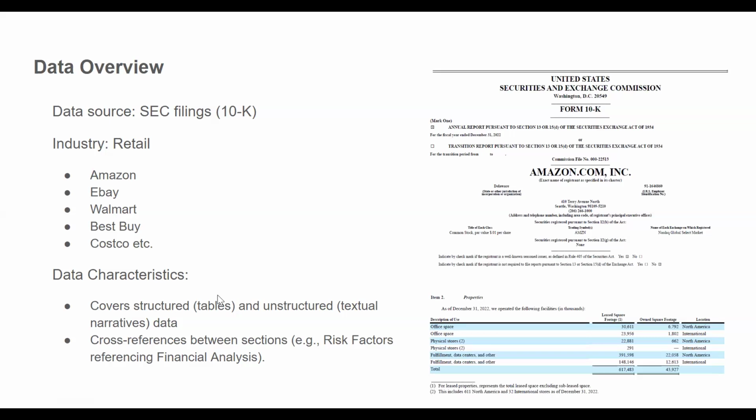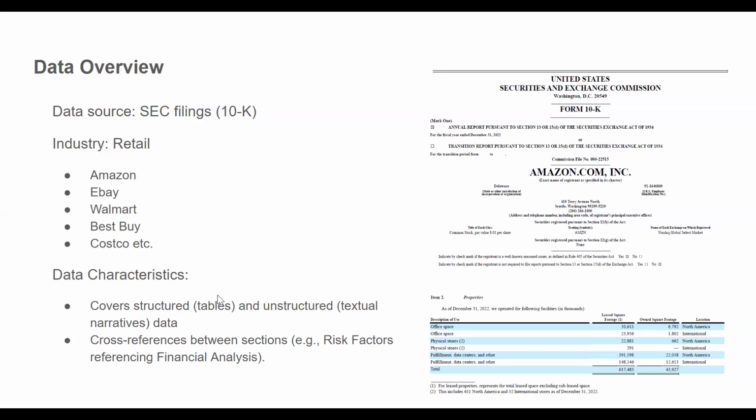So for this project, we will focus on the retail sector, including major retail companies such as Amazon, Walmart, Target, eBay, Best Buy, and Costco. And we are focusing on 3 years of 10K reports from 2020 to 2022.